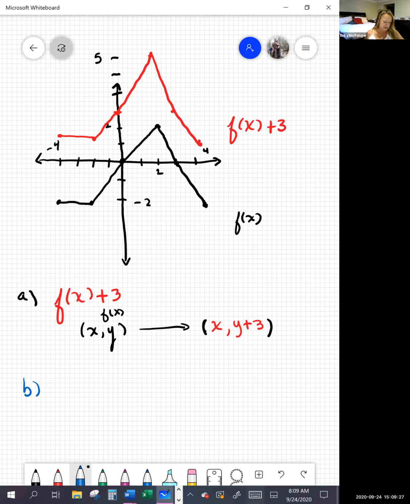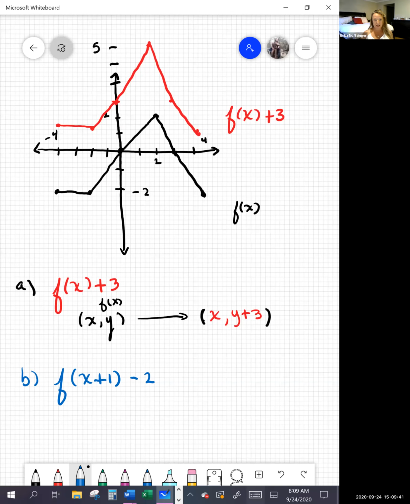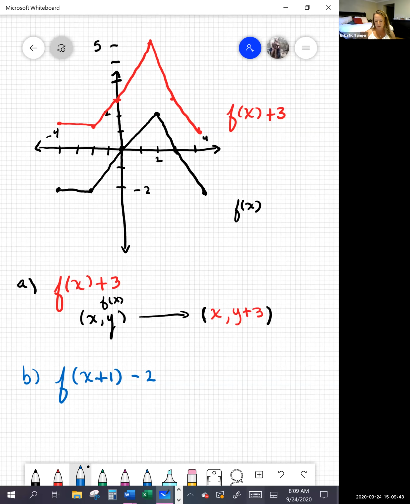What if it said f of x plus 1, and then -2? We talked about order mattering when doing transformations. Always work with the horizontal shift first. The horizontal shift is the number that we're adding inside, and it works as the opposite.